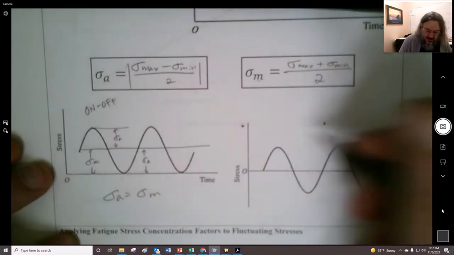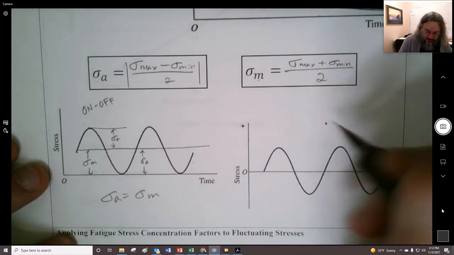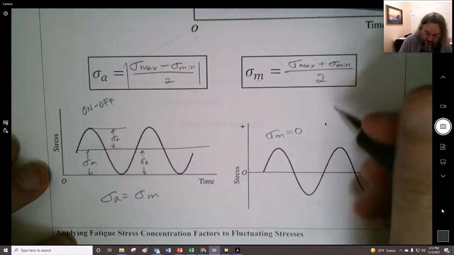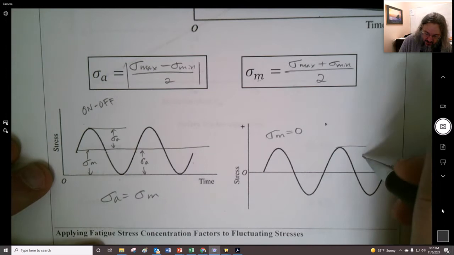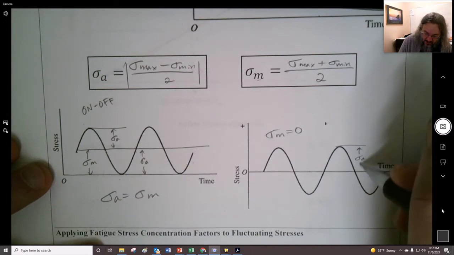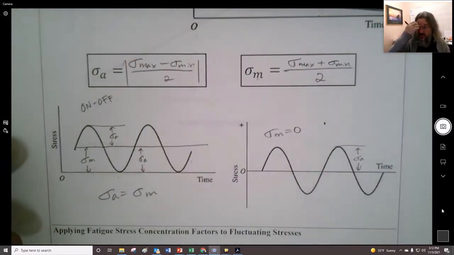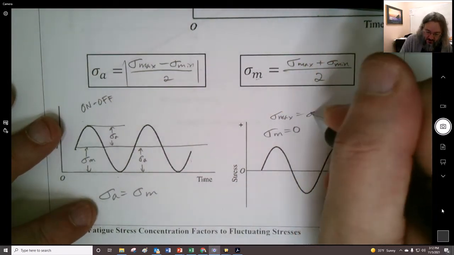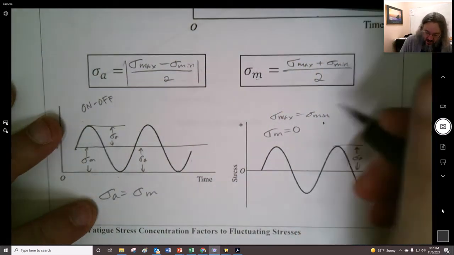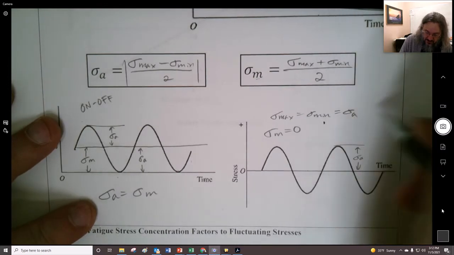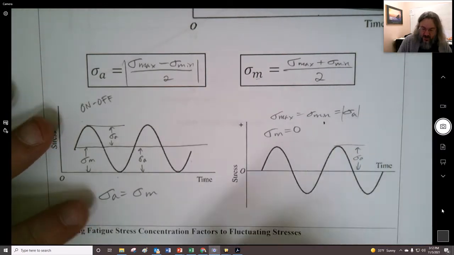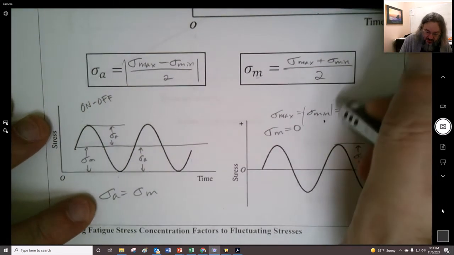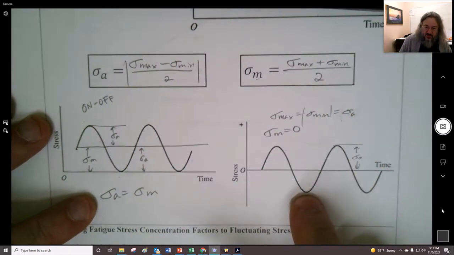And of course, this is the regular thing that I drew in the very beginning, where the mid-range is equal to 0. So the amplitude is equal to both the max and the absolute value of the min, because the minimum is going to be compressive.